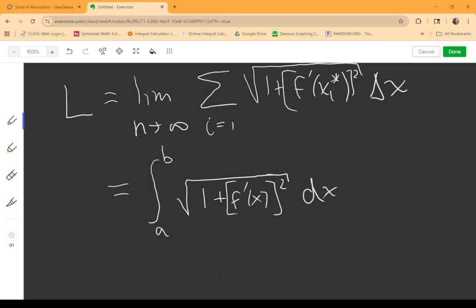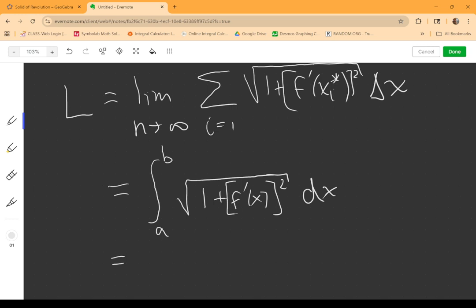And that is our formula. Once we're asked to find the arc length and we're given some interval, we just recall that I need to find a derivative, plug it in, and then it just comes down to evaluating an integral.